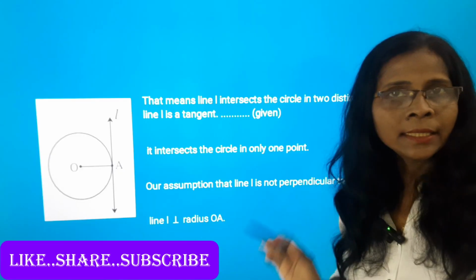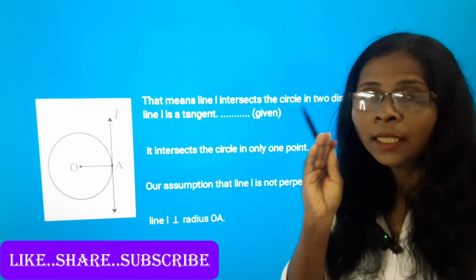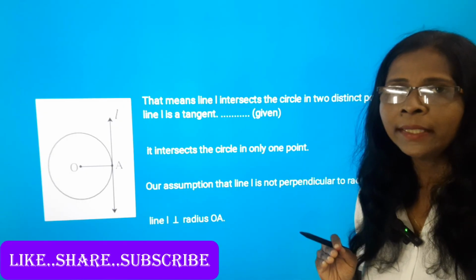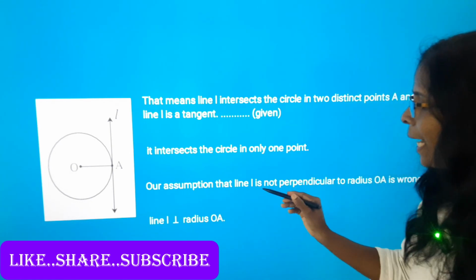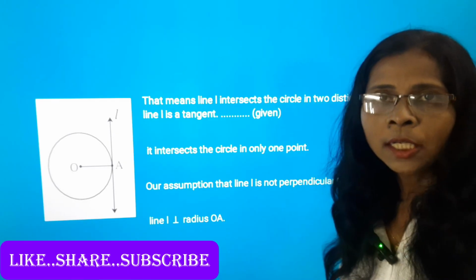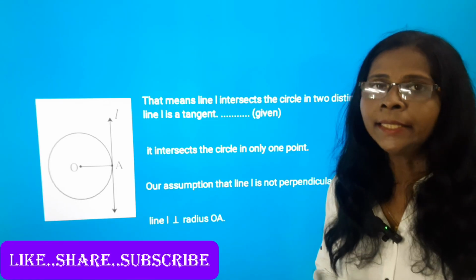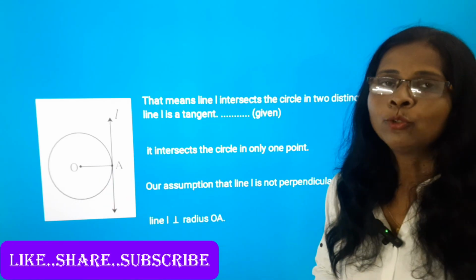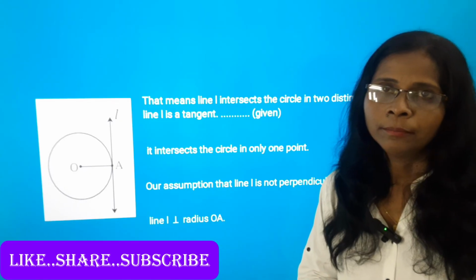Here there are two points, A and C. That means our assumption that L is not perpendicular to radius OA is wrong, and so line L is perpendicular to radius OA. In this way we prove the tangent theorem.